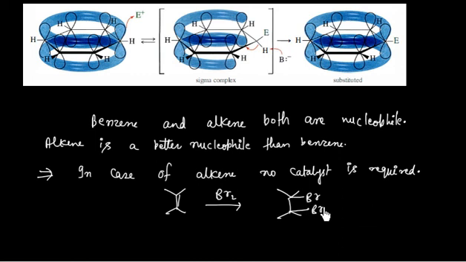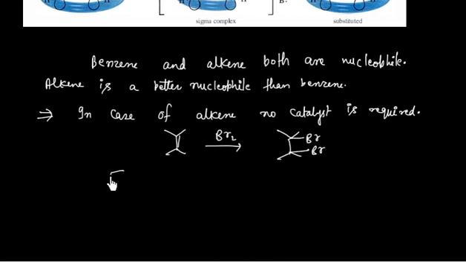But if I have benzene and I try the same reaction with bromine, this reaction will not take place, because this time benzene is not a good nucleophile and bromine is also not a good electrophile.